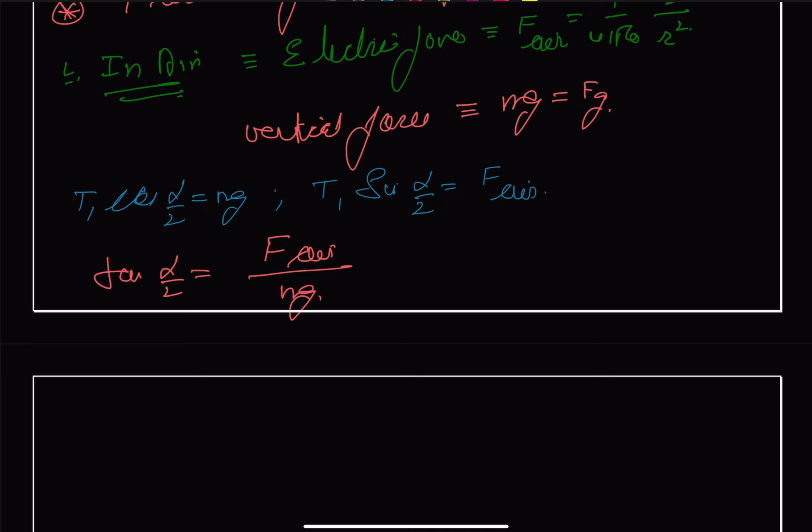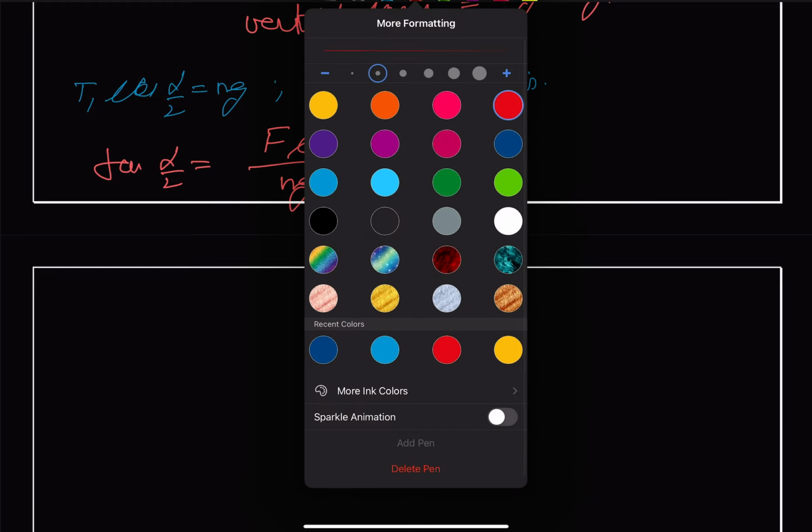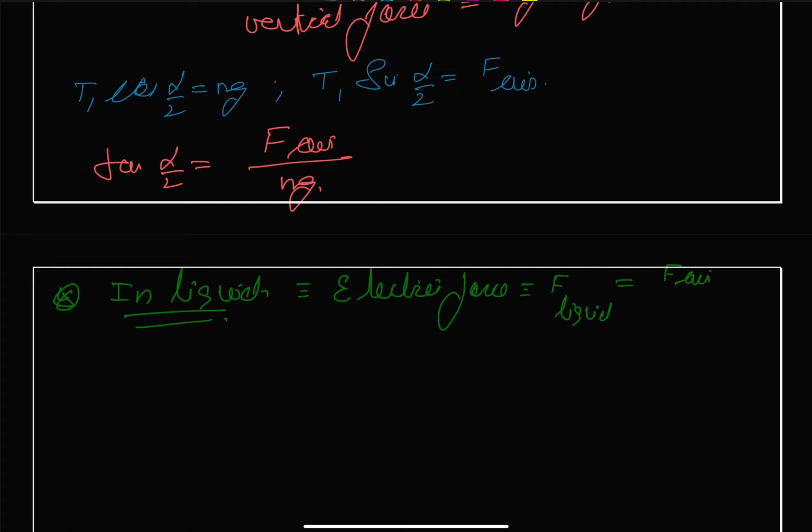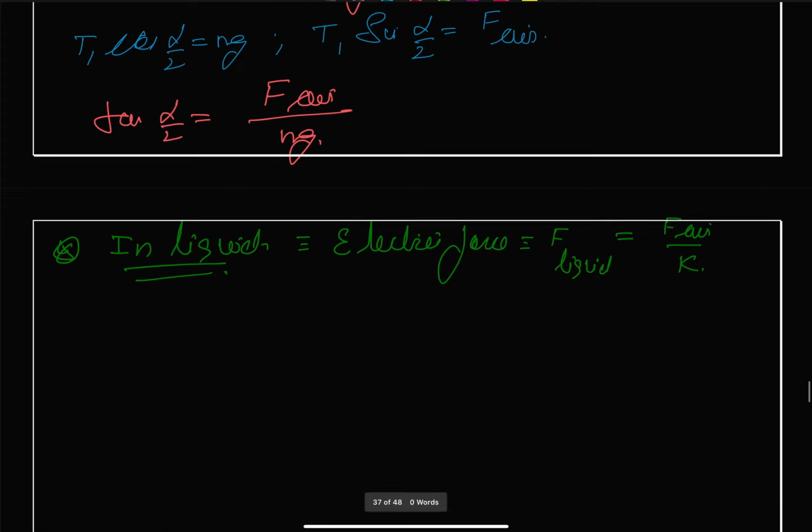Similarly, we can write for in liquid. In liquid, we can write our electric force, if we write this as F liquid, will be equal to F air divided by K. And because of the buoyant force, we are required to find out the effective weight.